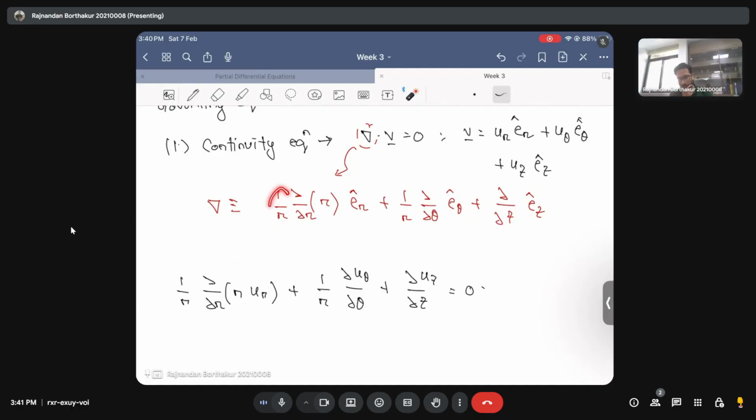And these non-zero things come basically because of something which is known as, I actually forgot the name, but you can actually derive why this factor is 1 by r and not 1 by r square and things like this. If you take a course on curvilinear coordinates, you learn there how you derive these factors.